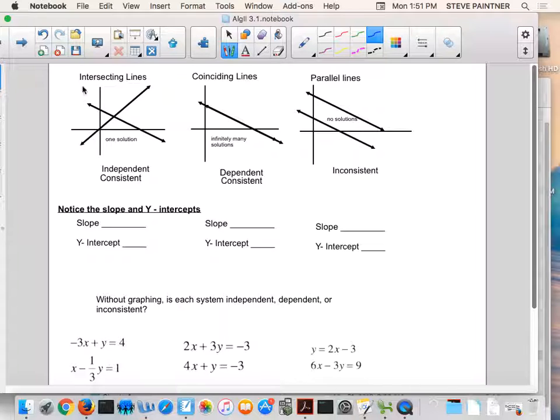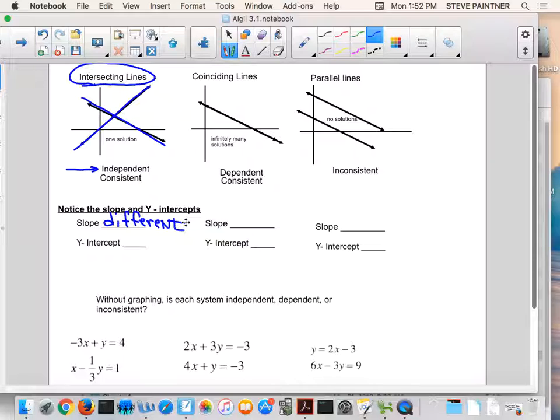So if you have an intersecting system, which would be called independent, by the way, what about the slope of your two lines? They're different. They have to be different because different slopes mean they're not parallel. They're going to touch somewhere.